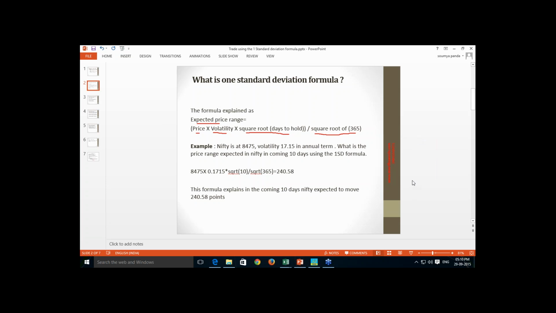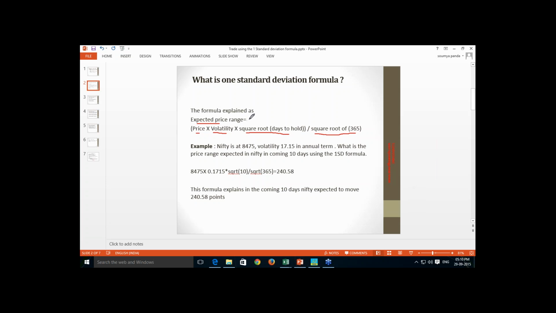Just to improve accuracy, I used real-time volatility. However, if you use the historic volatility also, your accuracy will be slightly different, plus or minus 10% from my accuracy level. That will be the only difference.